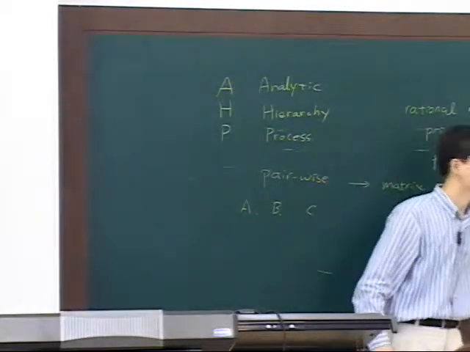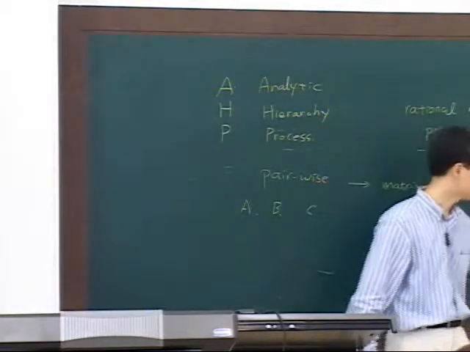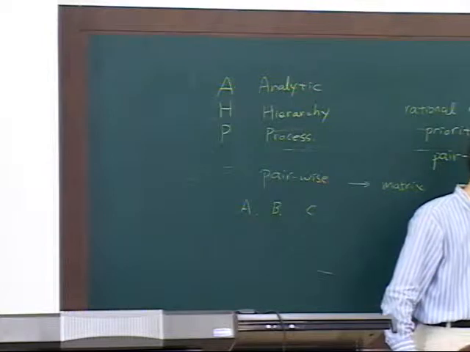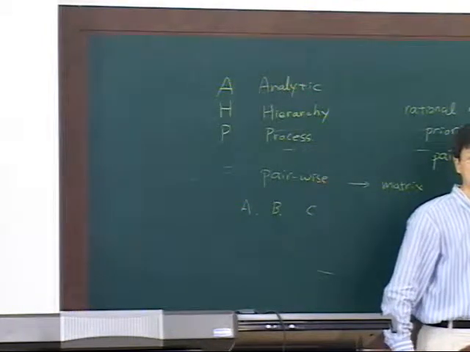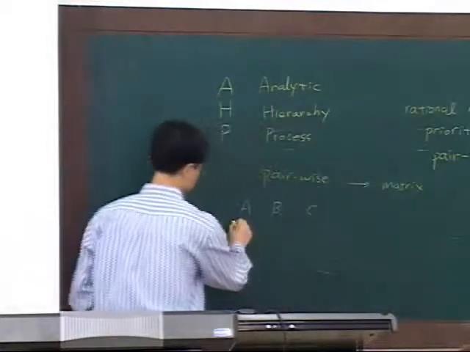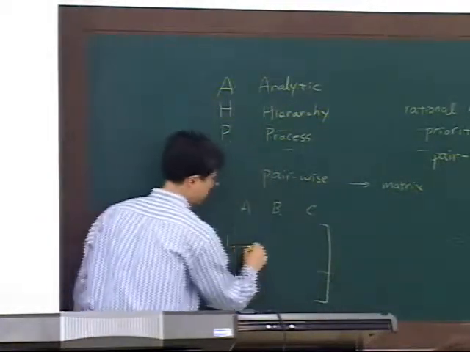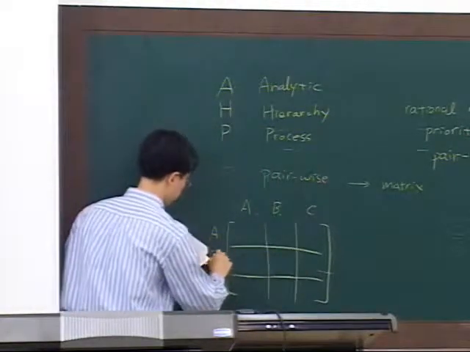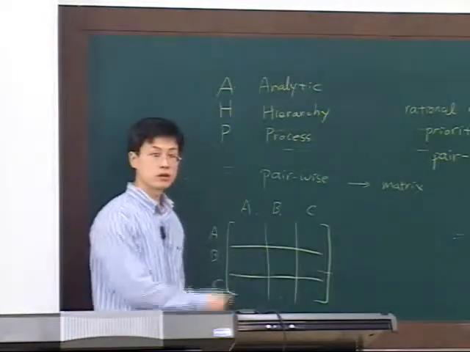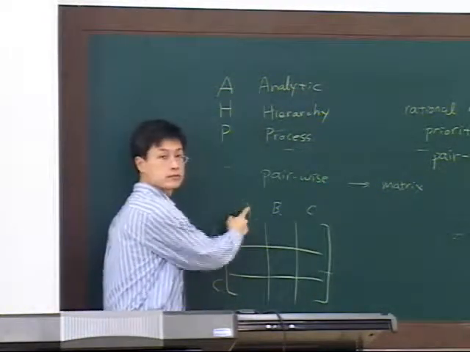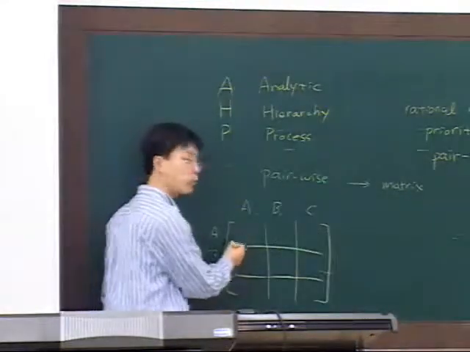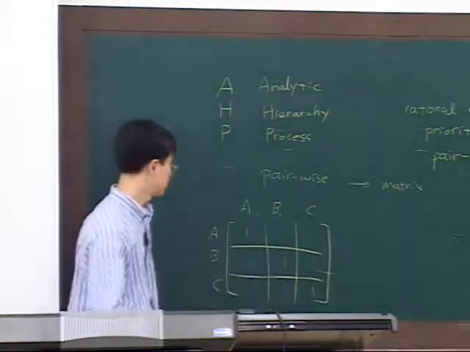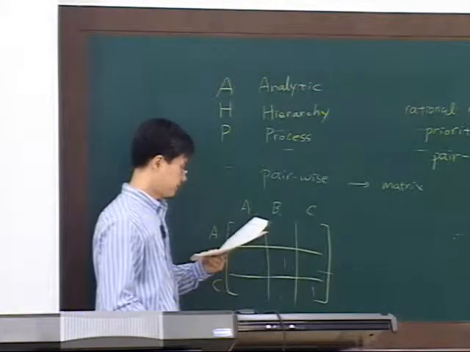So if A has a value of 5 over B, then B will have a value of 1 over 5 over A. And we are comparing A to A. Based on that scale, all the diagonal terms will be 1. Right? It's exactly the same one.